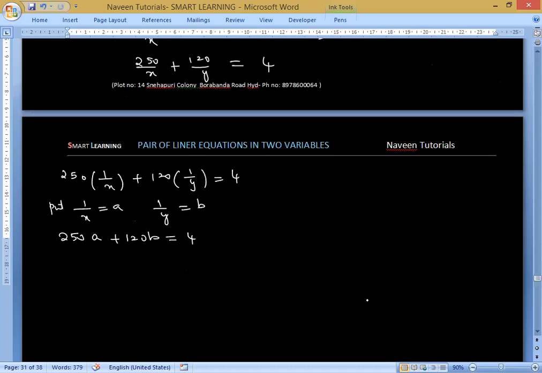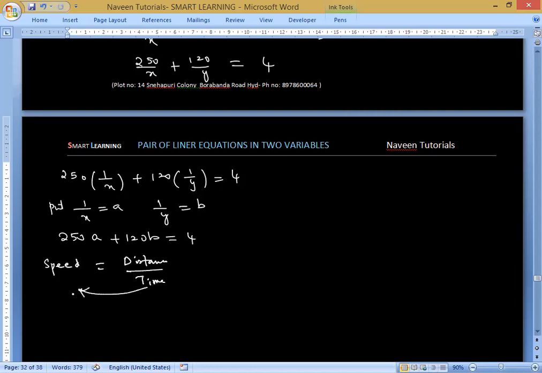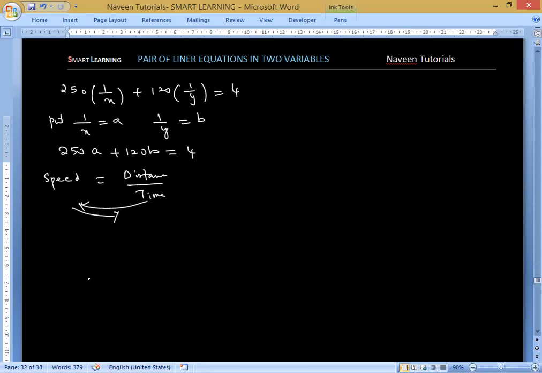Speed is equal to distance by time. So interchanging by cross multiplying, time is equal to distance by speed.